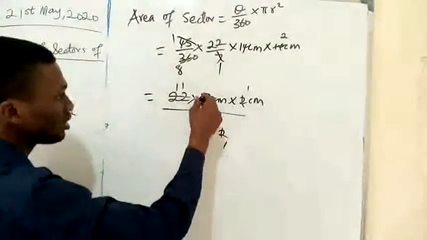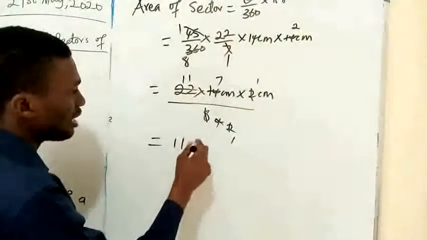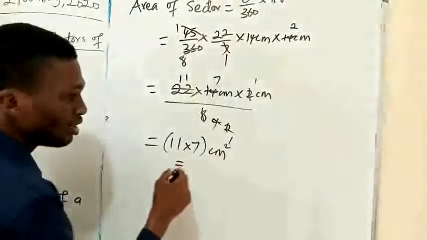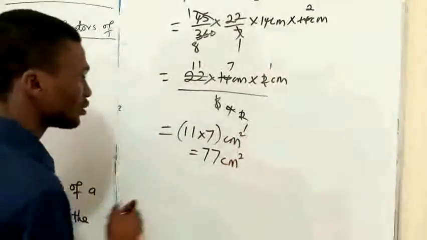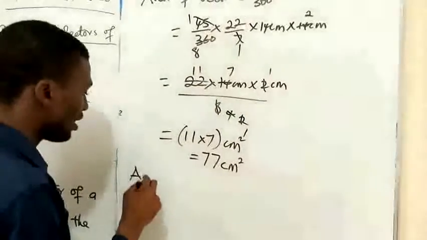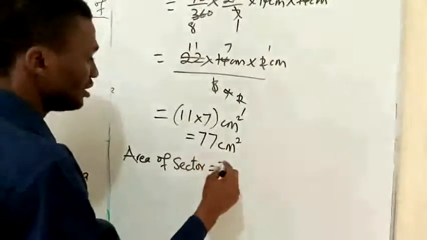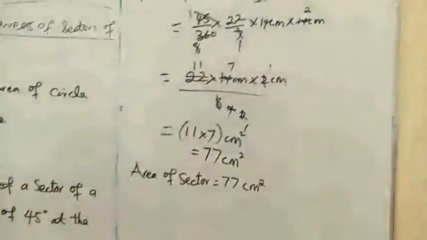We are left with 11 times 7 cm squared, which gives us 77 centimeters squared. So our area of sector is 77 cm squared.